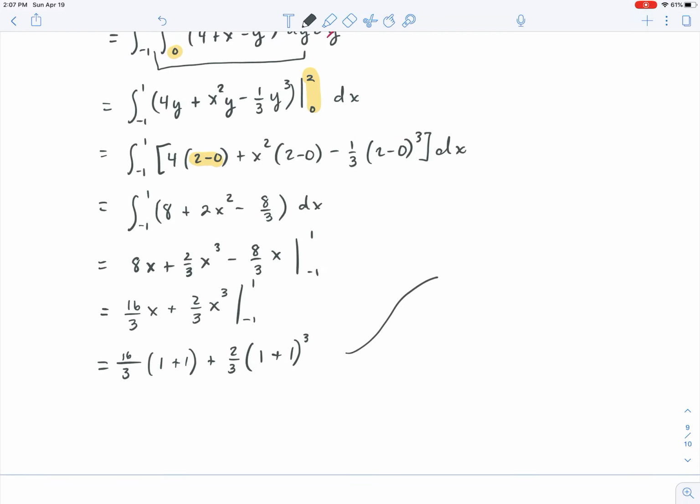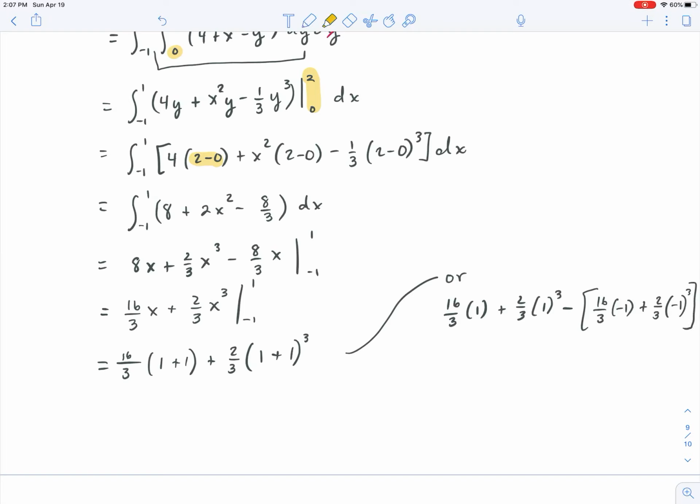This is the same. We could also do 16 thirds times 1 plus 2 thirds times 1 cubed, minus the 16 thirds times -1 plus 2 thirds times -1 cubed.